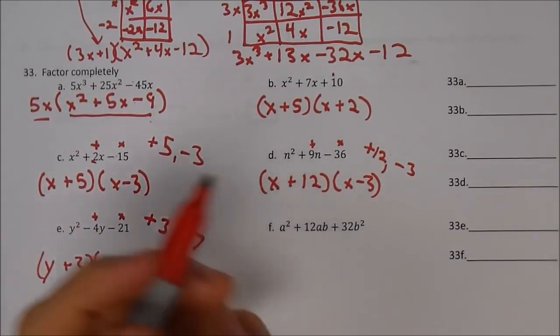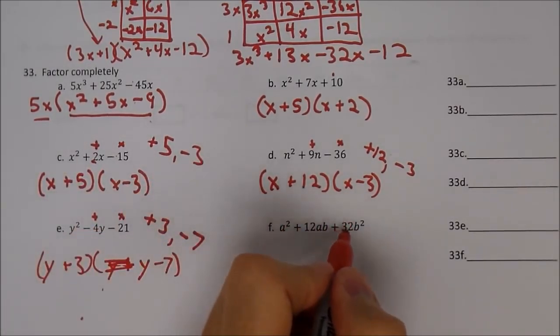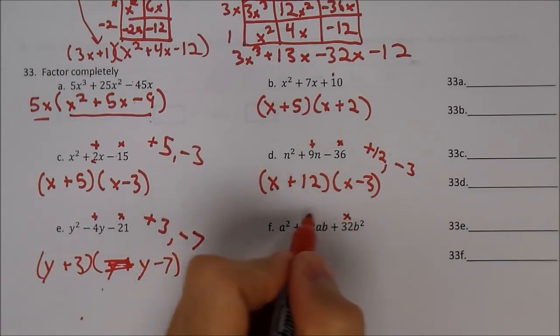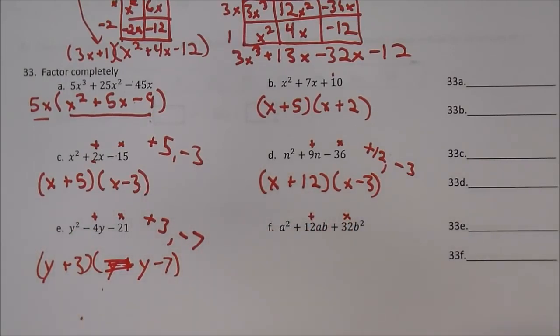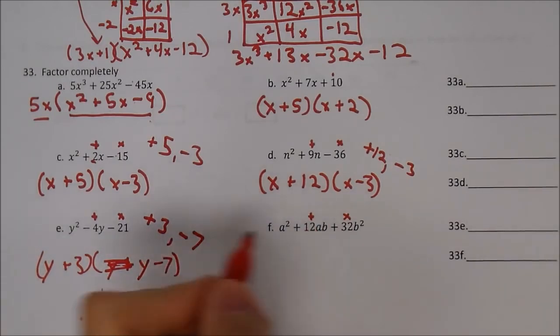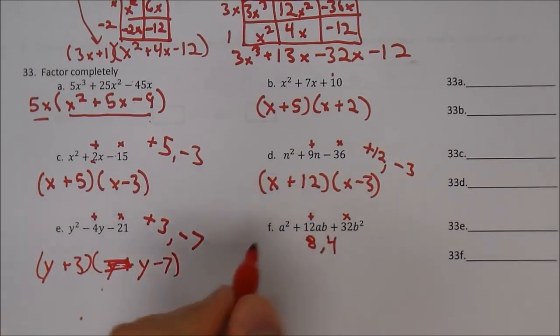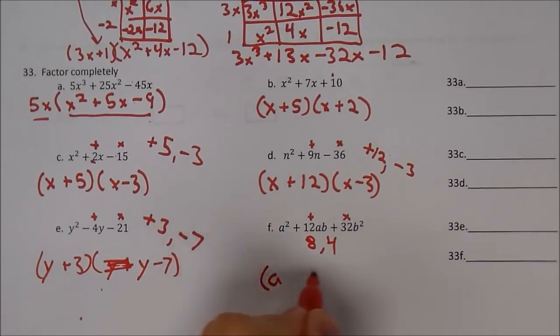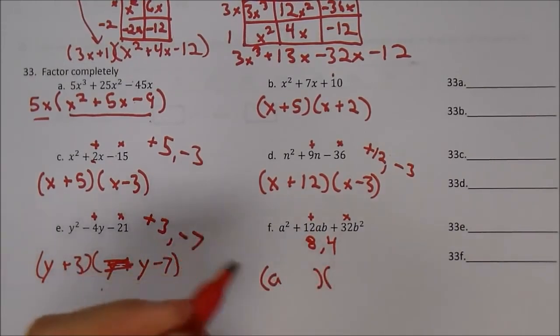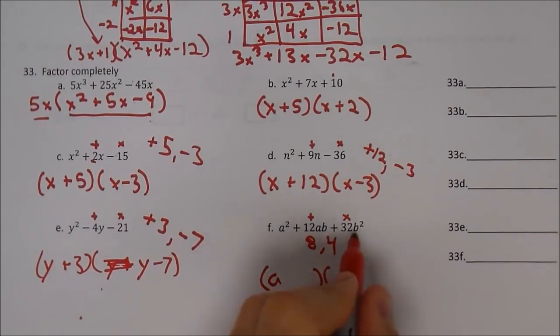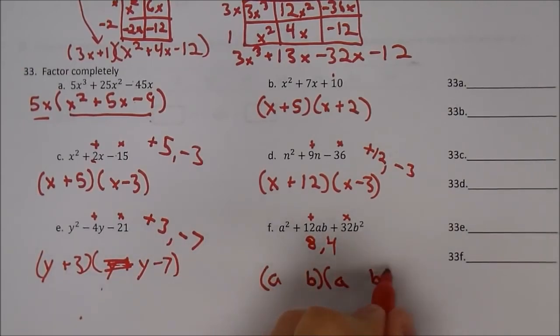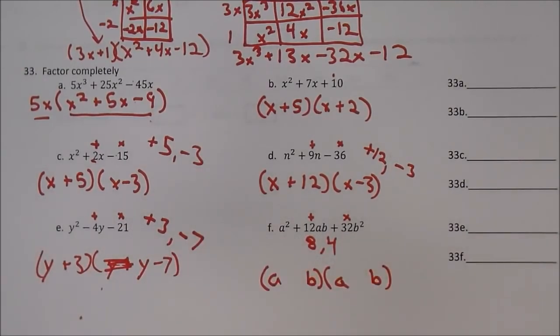Now for this last one, we're still going to follow the same process we have been doing and look at 32, multiply to 32, add to 12. For 32, we could do 8 and 4, which happens to add to 12, so we'll do 8 and 4. But instead of just being a plus 8, a plus 4, the fact we have these b's here means it's going to be attached to the second term in each binomial.